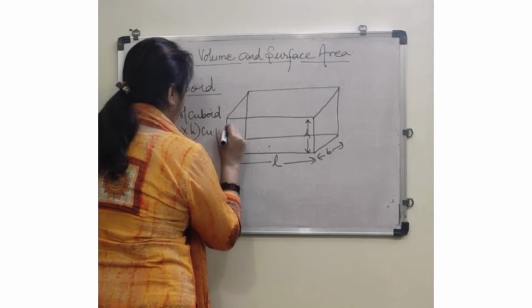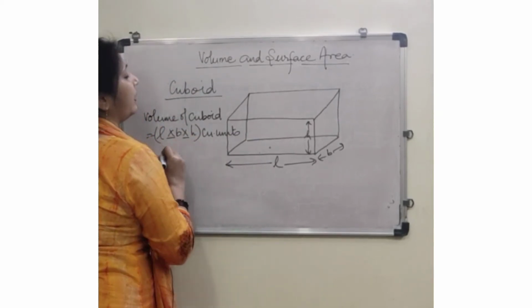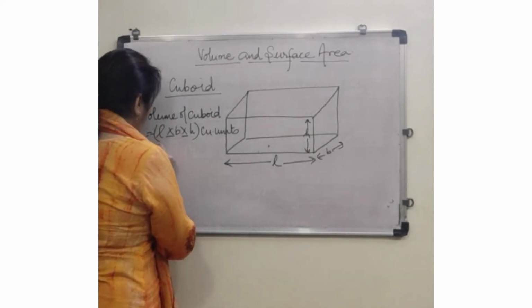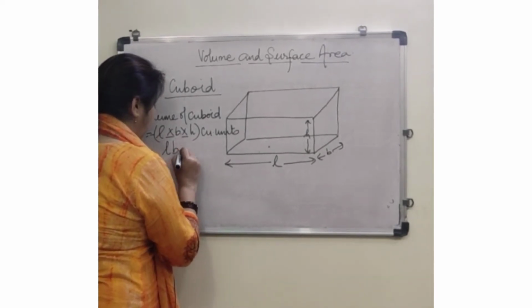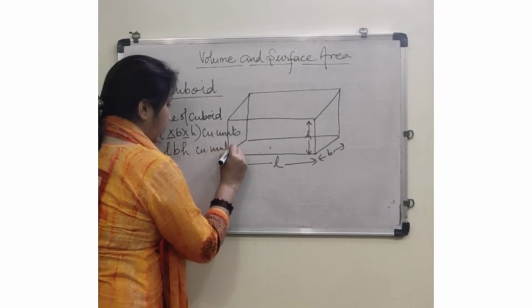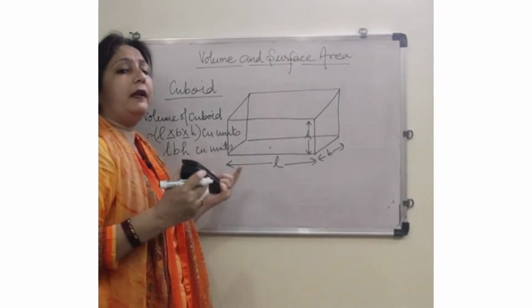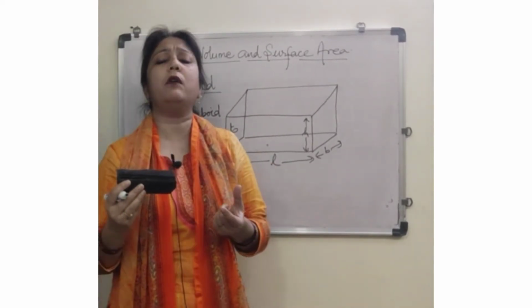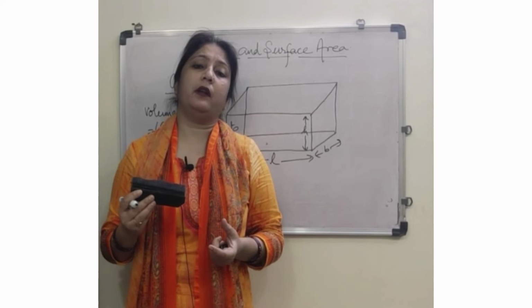Children, actually I should not use this multiplication sign because in algebra we don't use the multiplication sign. So in the next step I am writing LBH cubic units. That means when you see no sign between two alphabets, there is a sign of multiplication.